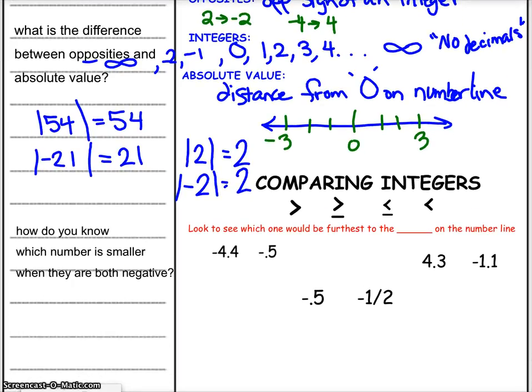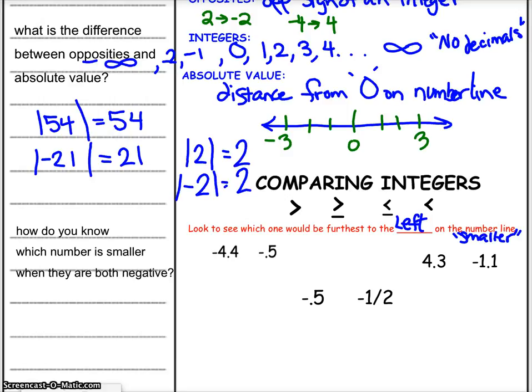Sub-target with this is comparing. This is huge. You didn't do this much last year. This is dealing with integers, positive and negative numbers. What you do is look to see which one is furthest to the left on the number line. That is the smaller number.